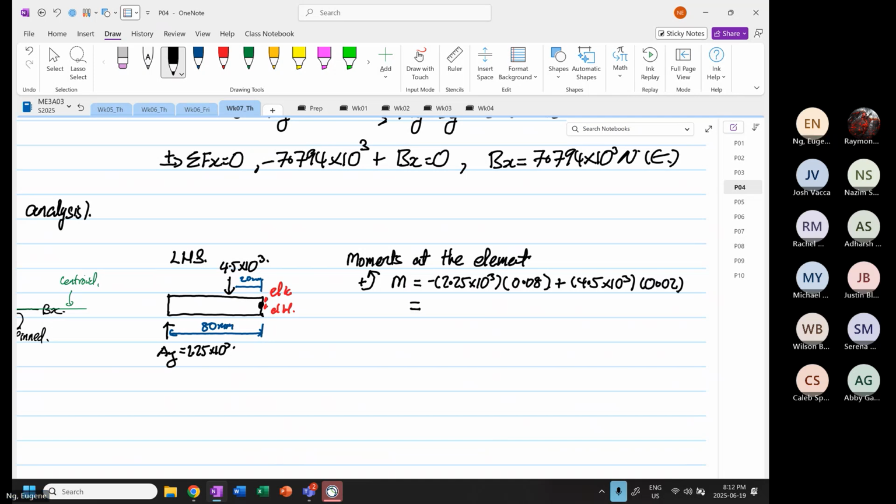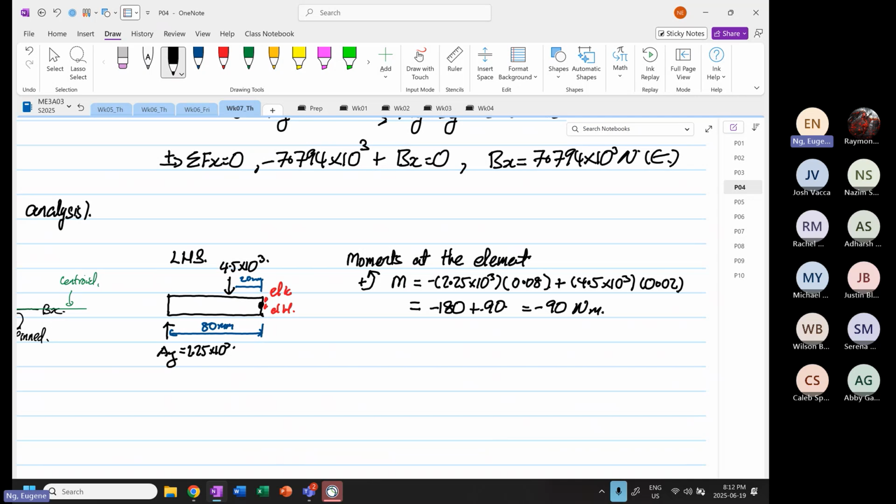So now this is equal to minus 2.25 times 10 to the power 3 times 0.08, which is minus 180, plus 4.5 times 10 to the power 3 multiplied by 0.02, which is plus 90. So now this will be equal to minus 90 Newton meter.